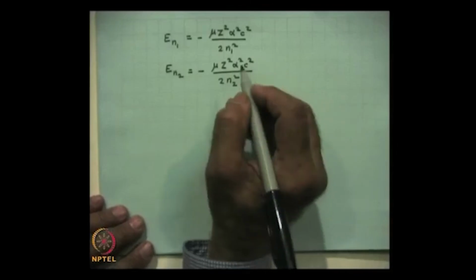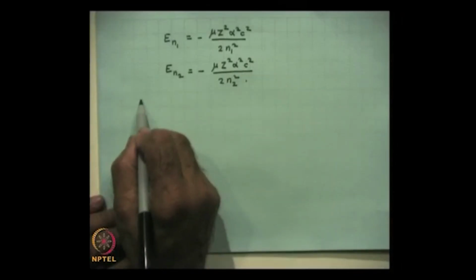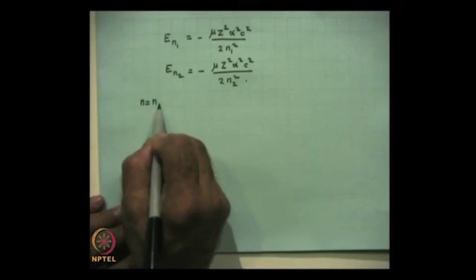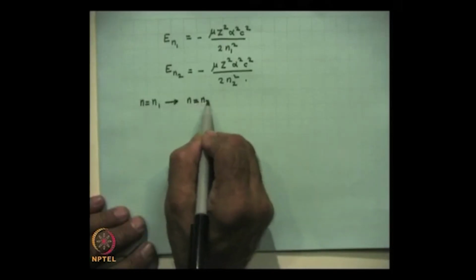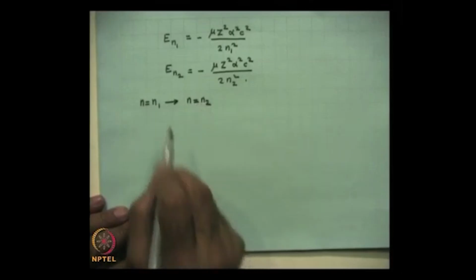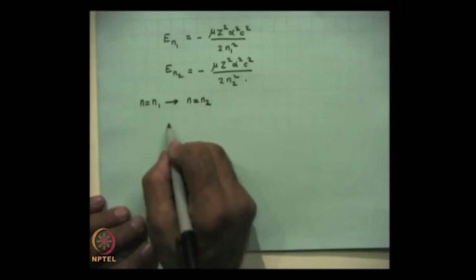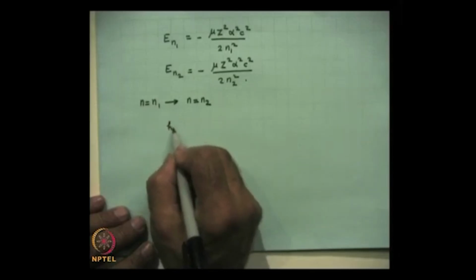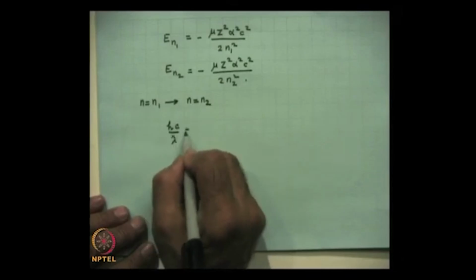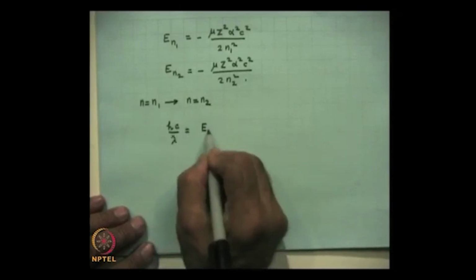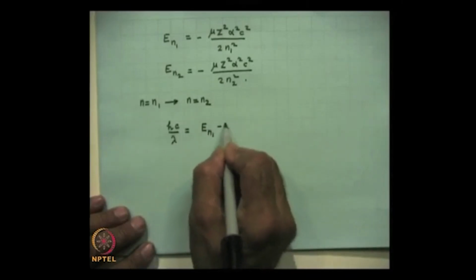So, if I have a transition from n equal to n1 to n equal to n2, you must write down the frequency of the light emitted: hc by lambda is equal to E n1 minus E n2.